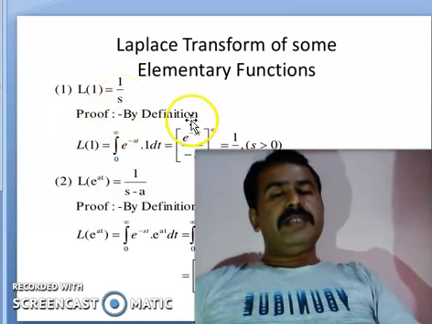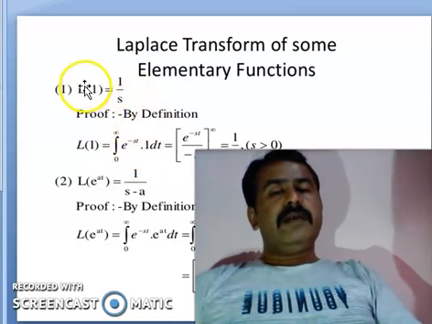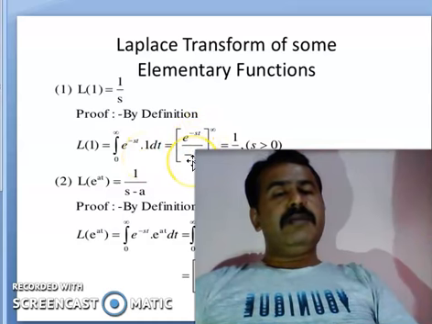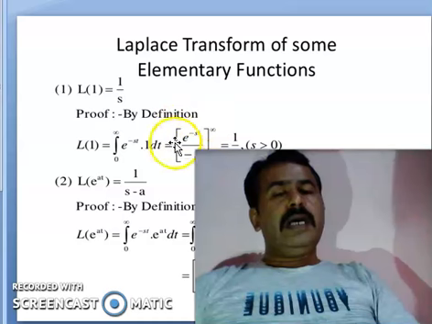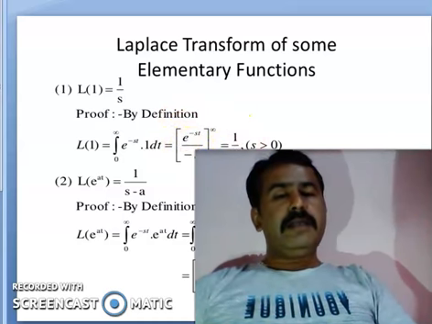By the definition, the integral from 0 to infinity of e to the power minus st, and here the function f(t) equal to 1. So put 1 in place of f(t), it becomes e to the power minus st divided by minus s, from 0 to infinity. This is the integration and the limits are 0 to infinity. After substituting the limits, it becomes 1 by s when s is greater than 0.